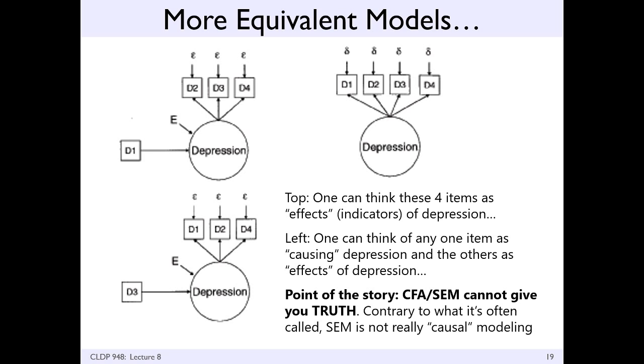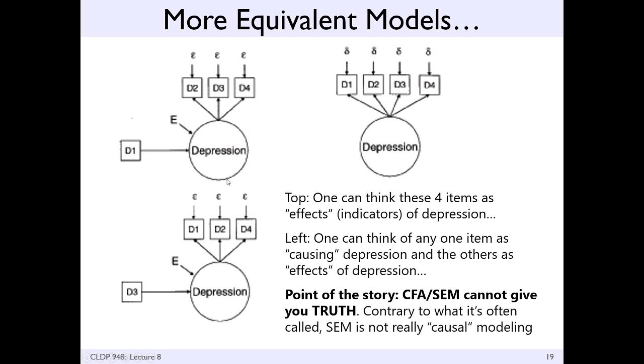Because fit is about reproducing relationships between observed variables. So if I ask, what is the relationship between item 1 and item 3? It's this path times that path. What is the relationship between item 1 and item 3? This path times that path.